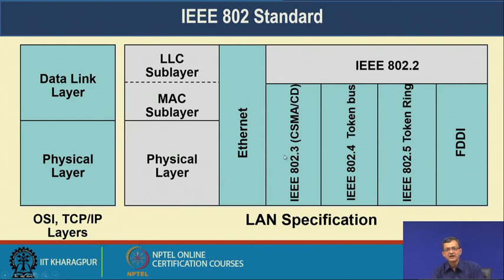802.3, which is CSMA/CD, or there are standards like 802.4 token bus, 802.5 token ring, or FDDI. So there are different types of standards, but our predominant standard is CSMA/CD, and we will look a little deeper into this particular protocol.